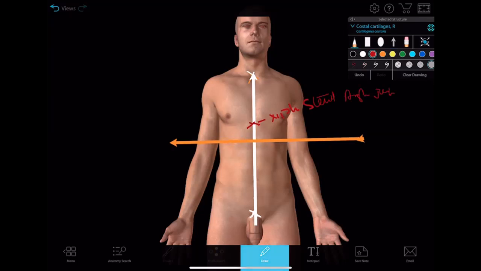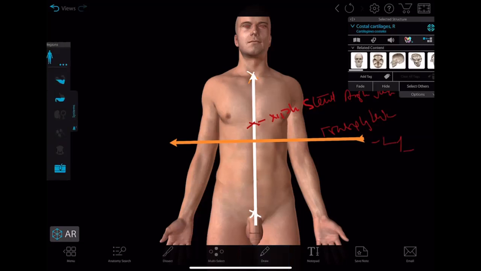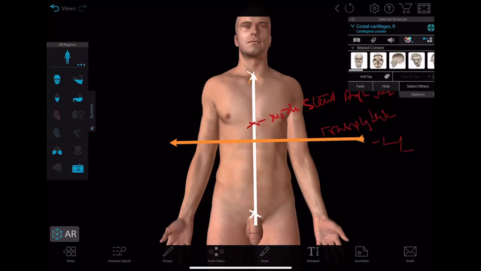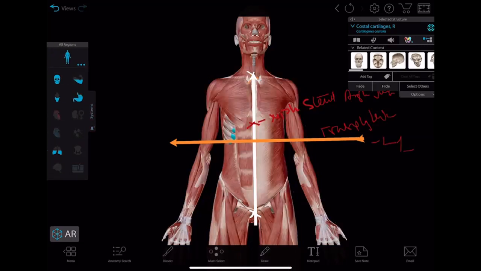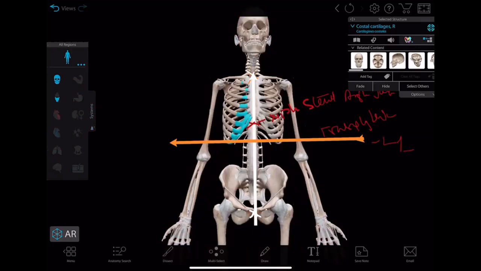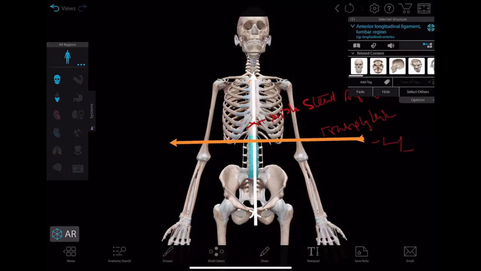Okay, this is L1, transpyloric plane. Okay, this is at the level of L1, right? So in order to see that, we'll see whether this is at the L1.